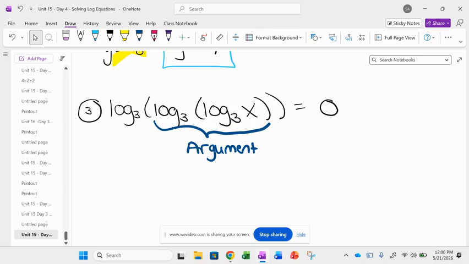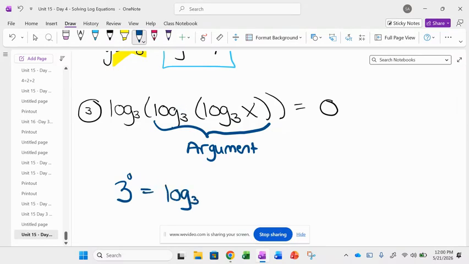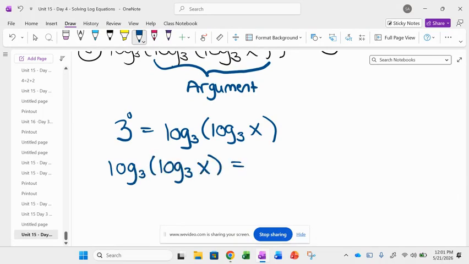When I turn this into exponential, it's going to be 3 to what power? The 0 power equals the whole argument, which is log base 3 of log base 3 of x. And anything raised to the 0 power is 1. So now I have log base 3 of log base 3 of x equals 1.